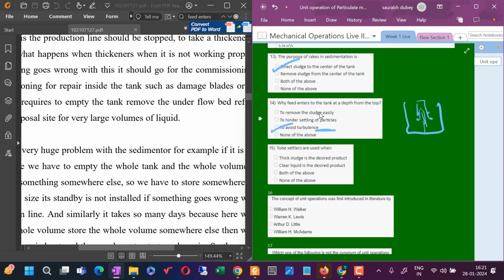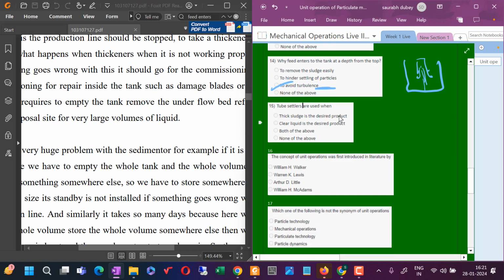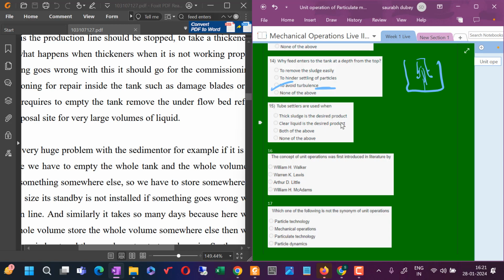The tube settlers are used when clear liquid is desired, not thick sludge. So why are tube settlers used? These tube settlers are used when the clear liquid is the desired product.